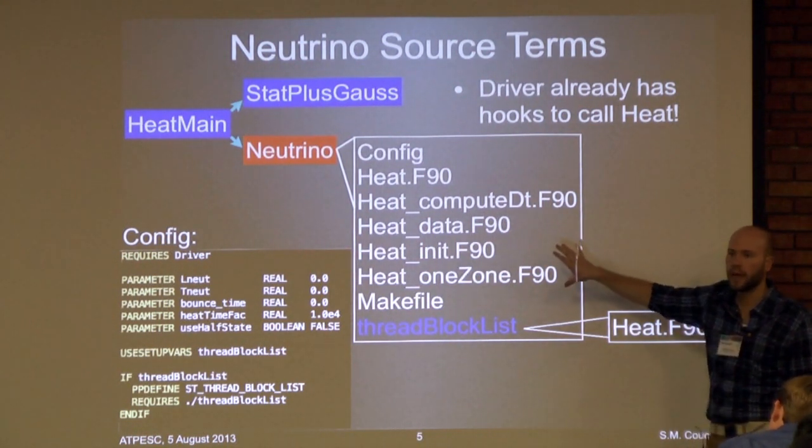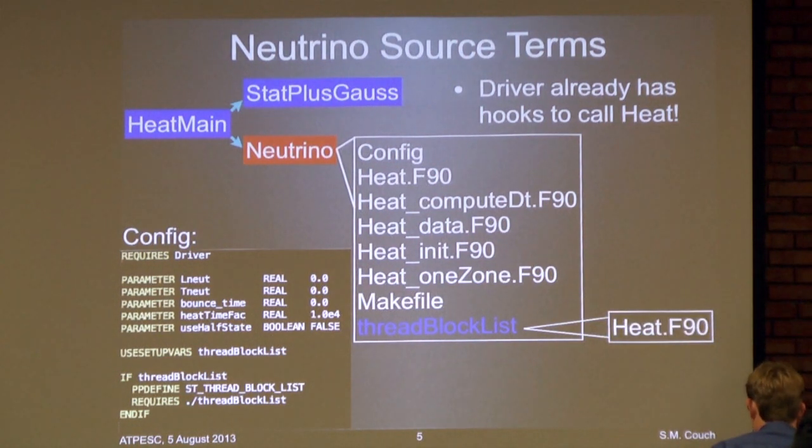And they could contain separate bits of physics that are distinct from each other that heat.f90 would call individually. That's one approach to doing that. And you'll see in some of the other things I talk about, I do just those sorts of things. It's not different heating terms, but you've got your main public function calling local functions that do different physics.